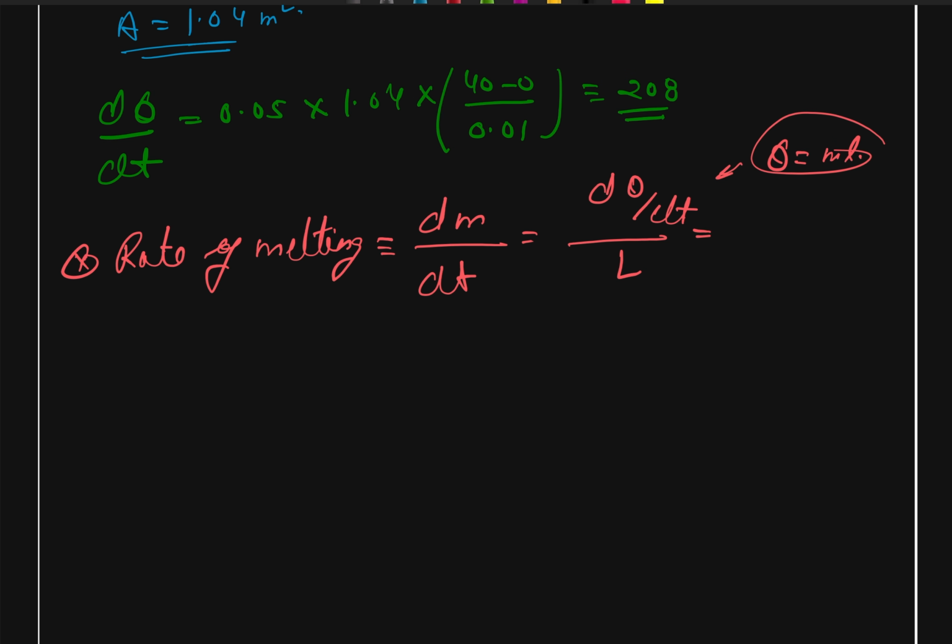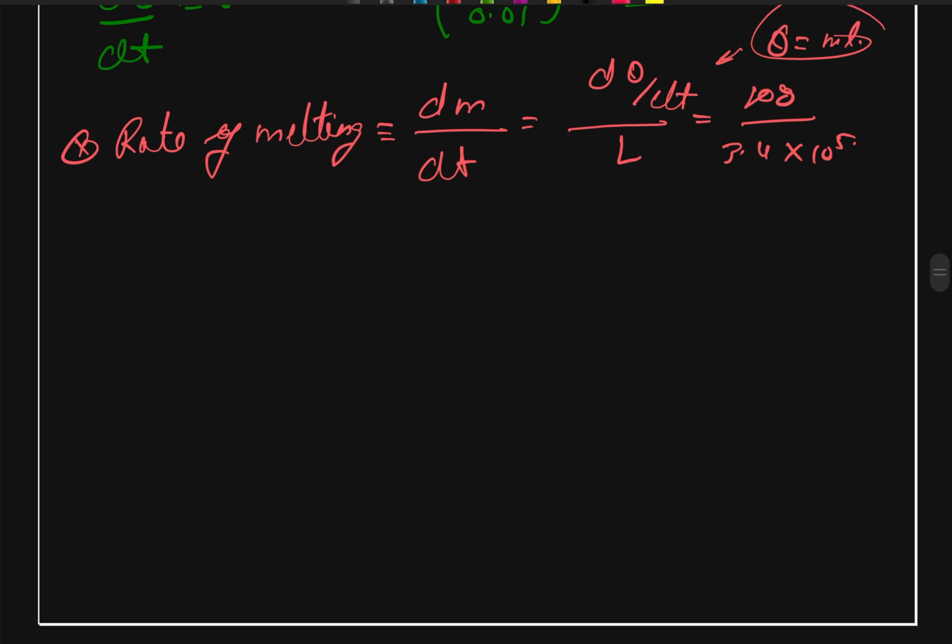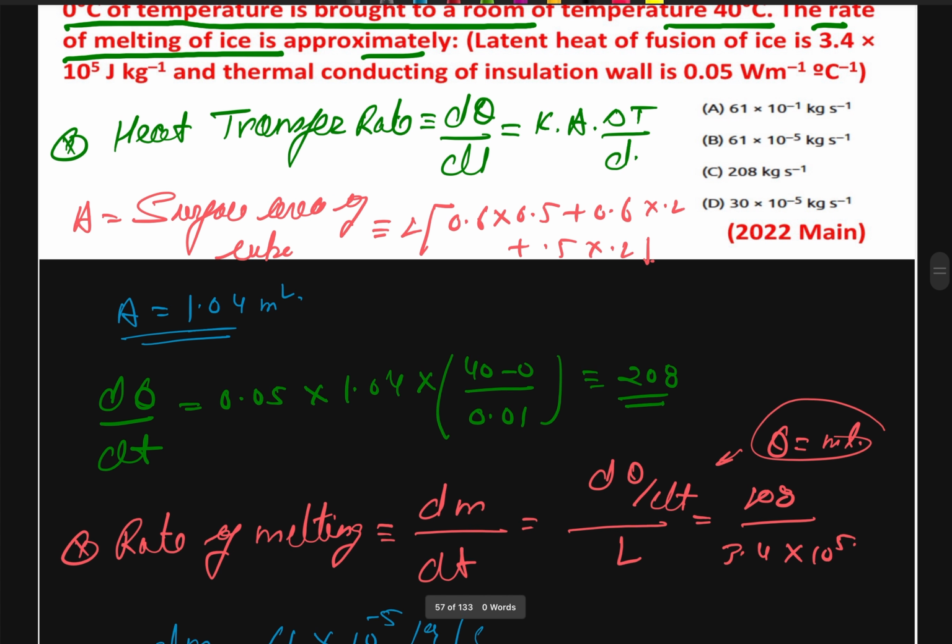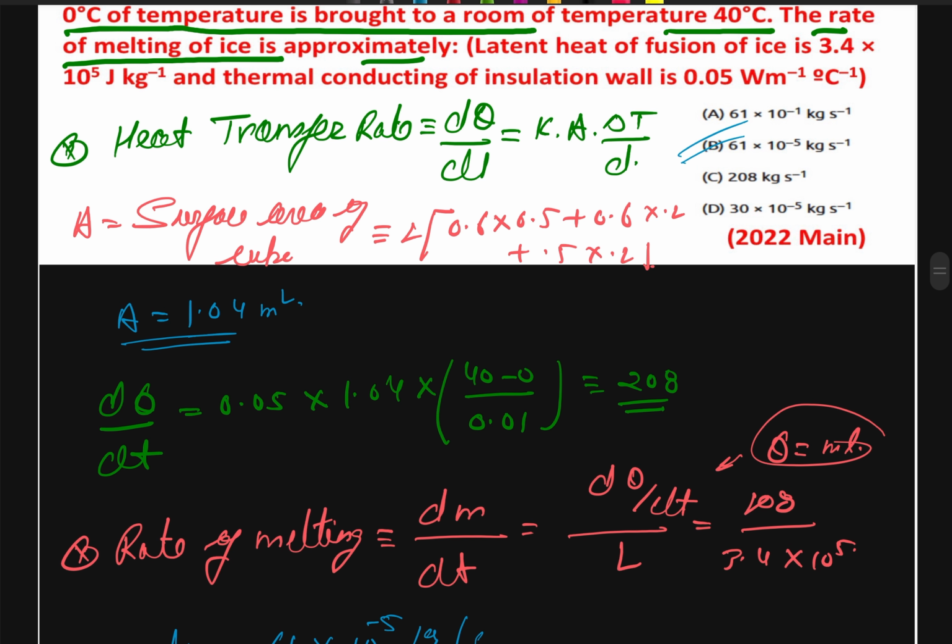This comes as 208 divided by L, which is given as 3.4 into 10 to the power 5. Therefore we get the rate of melting approximately 61 into 10 to the power minus 5 kg per second. So option B is correct.